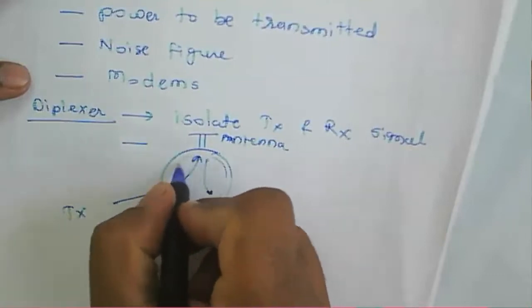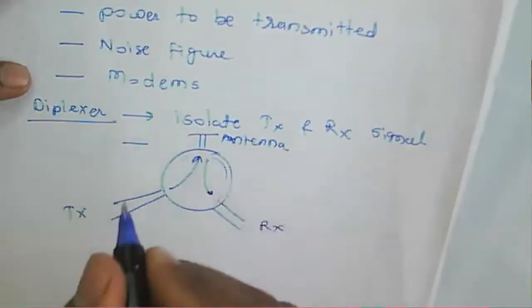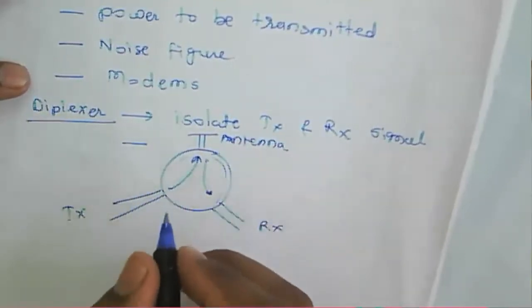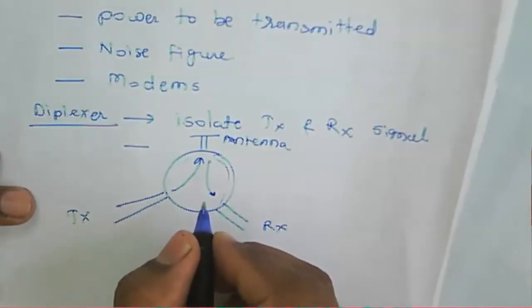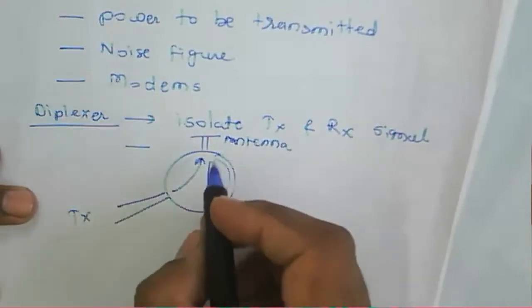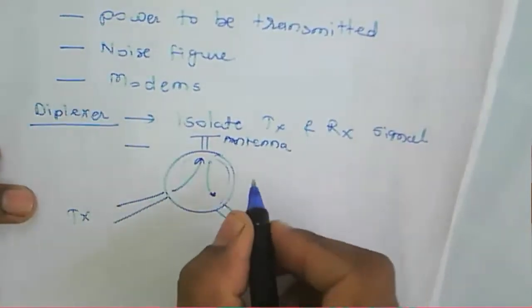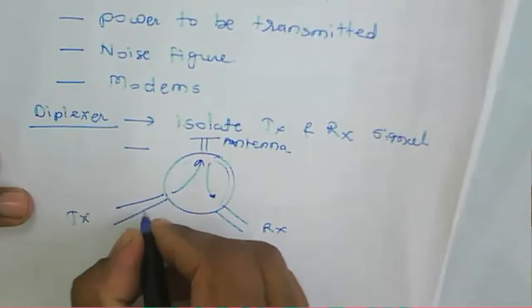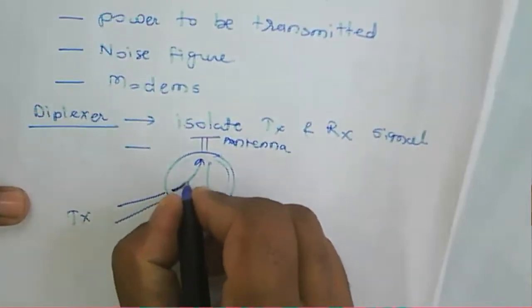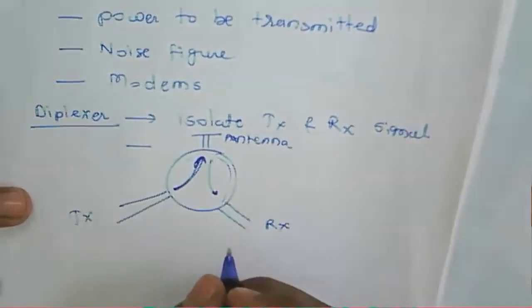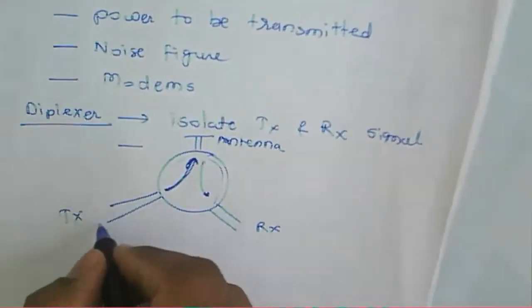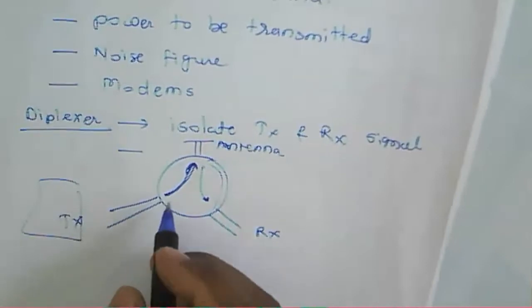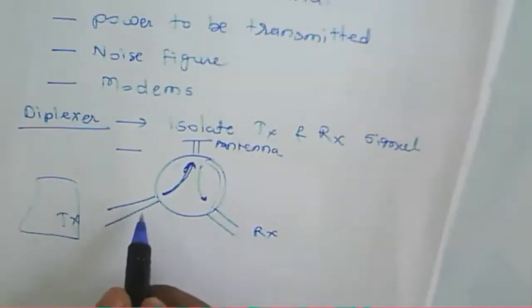And the ferrite material is used in such a way that it will select a particular RF frequency so that it will propagate the signal in one direction. So if you see the transmitter, the signal is transmitted toward the antenna only, so no signal will be transmitted to the receiver from this transmitter. So the transmitter and receiver are isolated here.